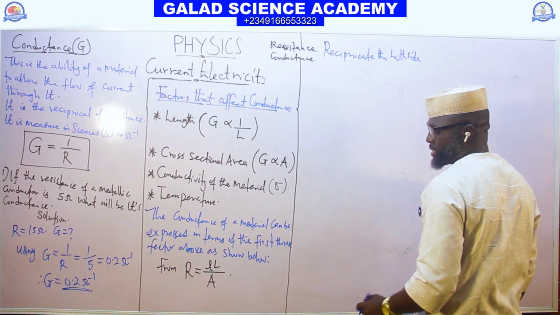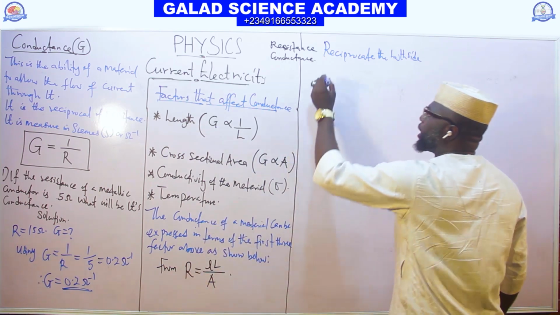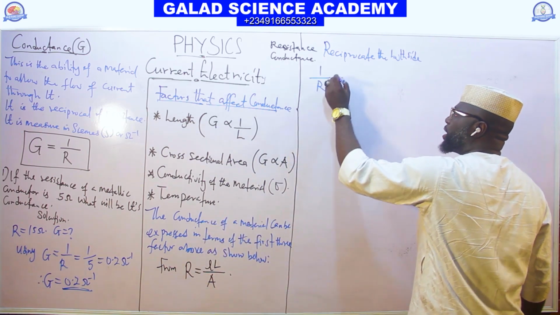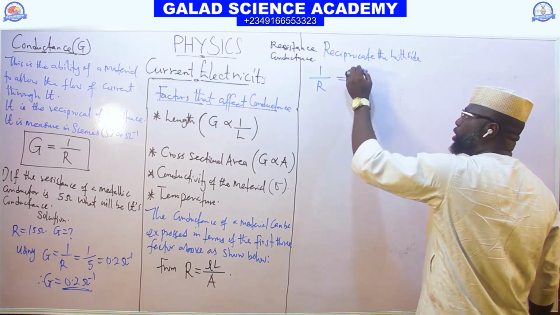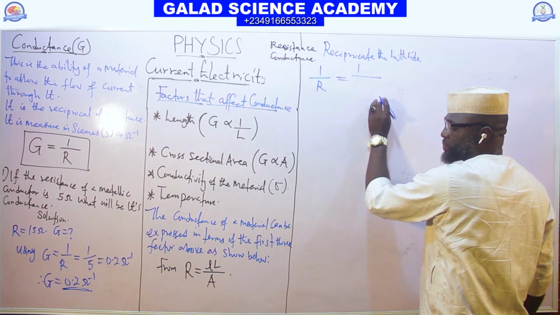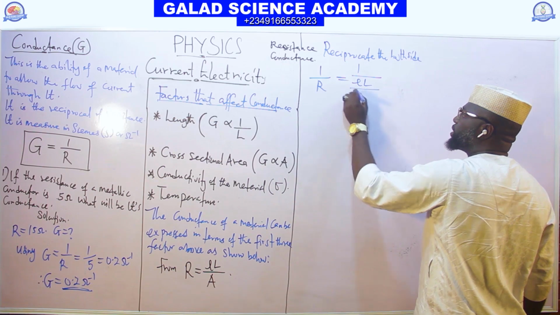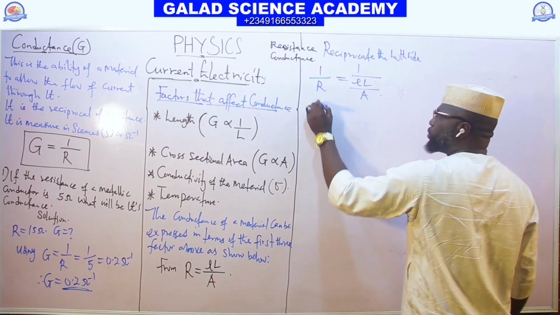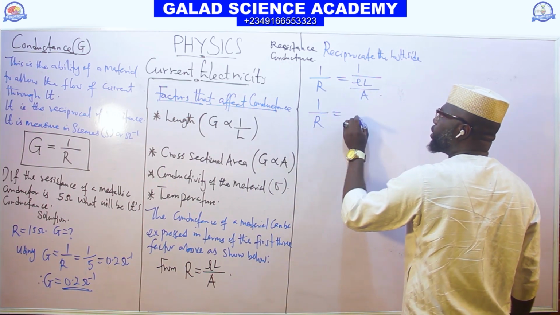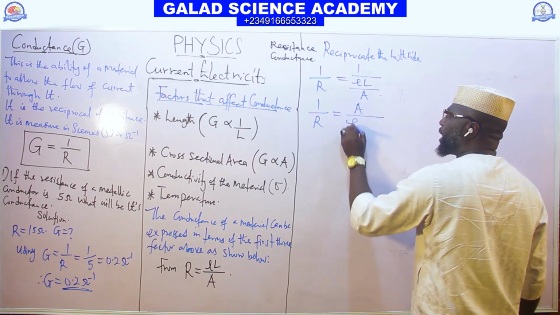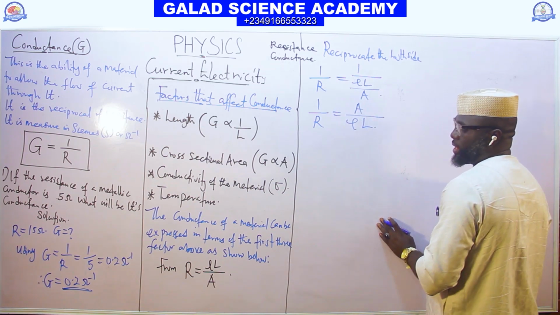By doing that, you put 1 here. 1 over R will be equal to 1 over resistivity times L over A. This will later give you 1 over R equals A over resistivity times L.